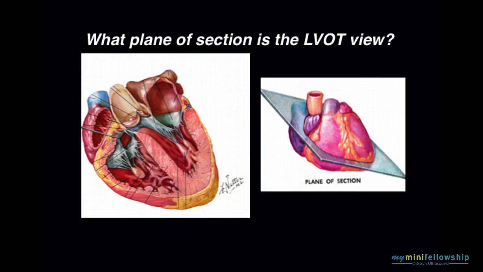The left ventricular outflow tract is actually the path that blood takes as it is propelled out of the left ventricle. As it flows toward the aortic valve, it passes between the anterior leaflet of the mitral valve and the interventricular septum as it approaches the base of the aortic valve.